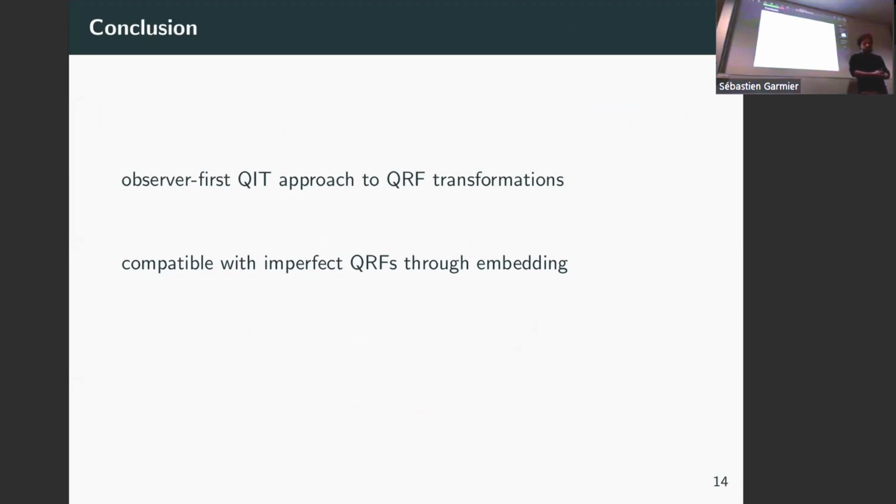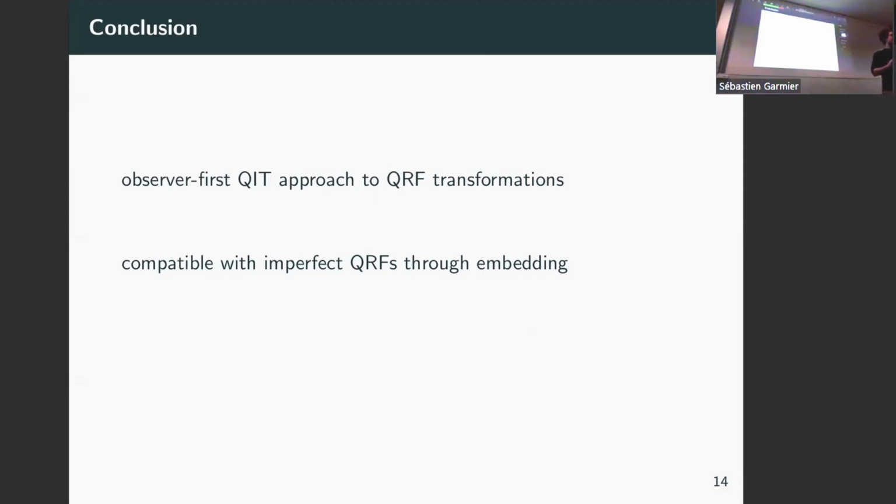And of course, the story is not over for the imperfect ones. There are many things you can do now. I haven't actually talked, for instance, about what the transformation between imperfect frames would look like, but it's roughly along the lines of: embed first, do a perfect transformation, and then do this e-dagger at the end. But we don't have time for everything. So we did this embedding of imperfect frames, and this is how that was made compatible.